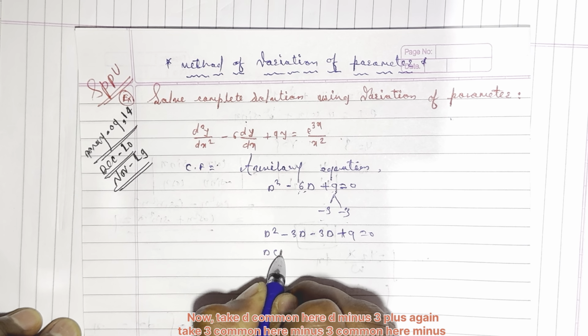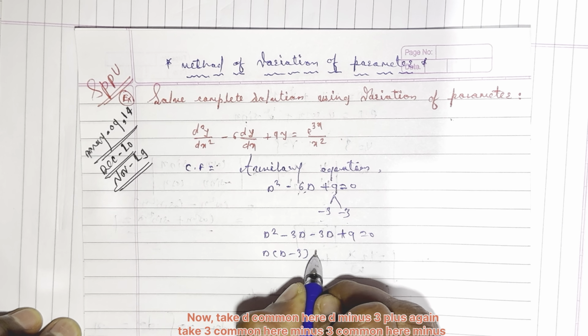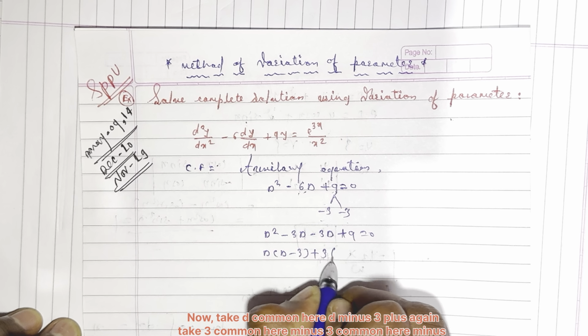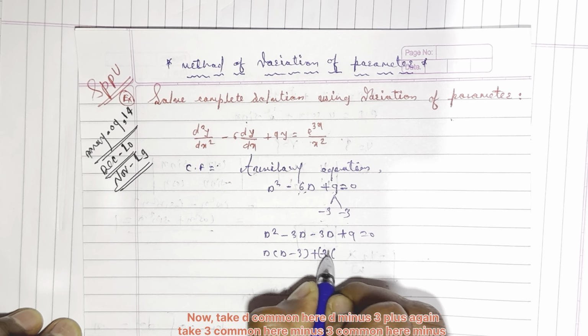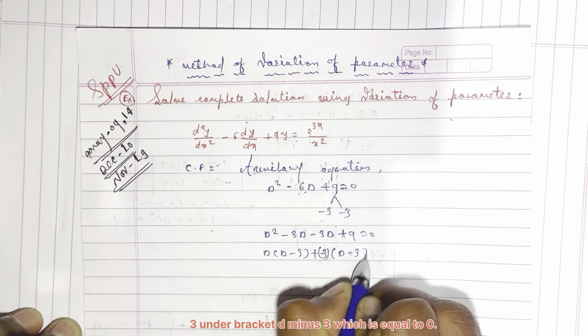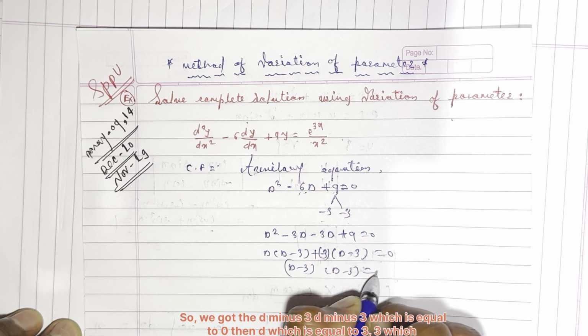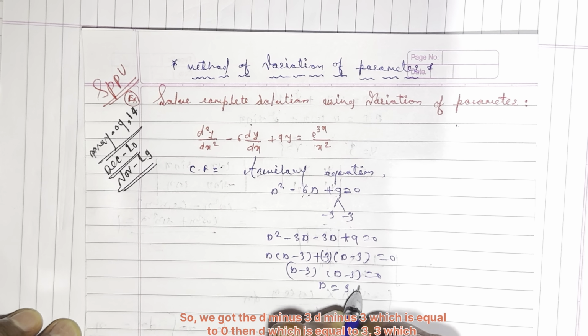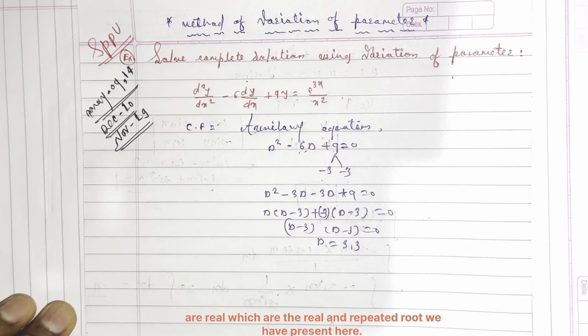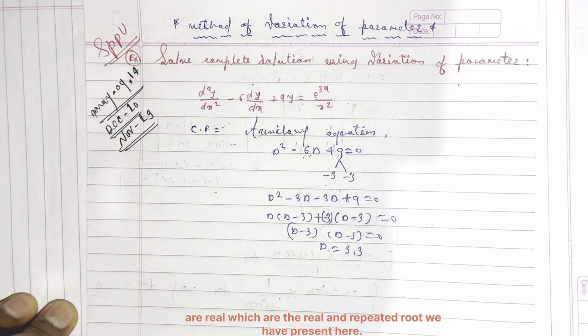Now take D common here, D minus 3, and take minus 3 common here, minus 3 into bracket D minus 3 equals 0. So we got D minus 3 equal to 0, then D equals 3, which are real and repeated roots.